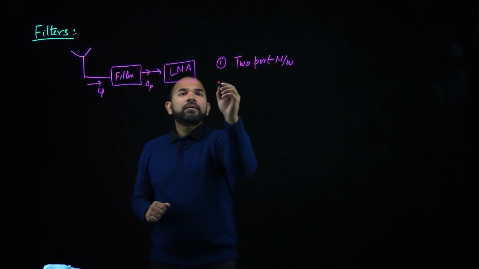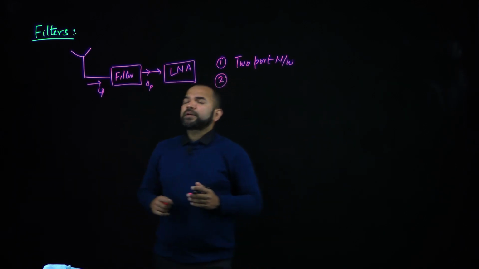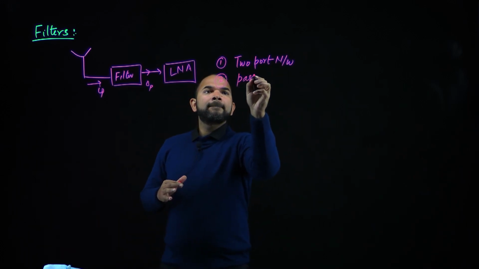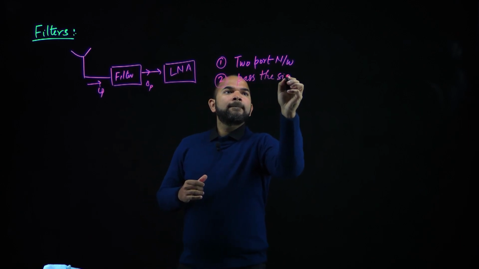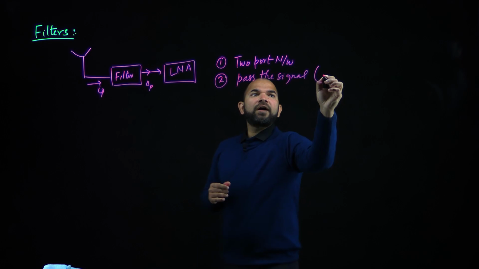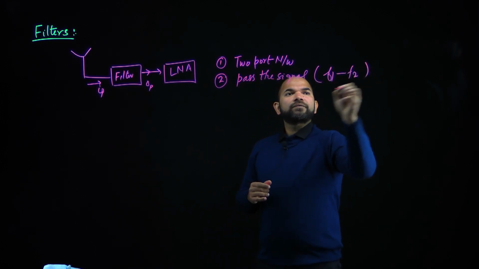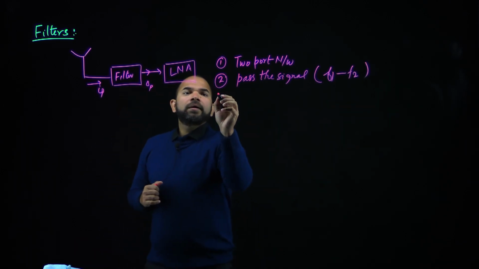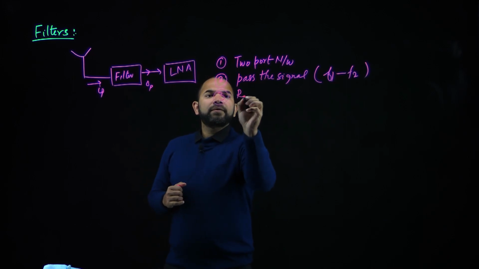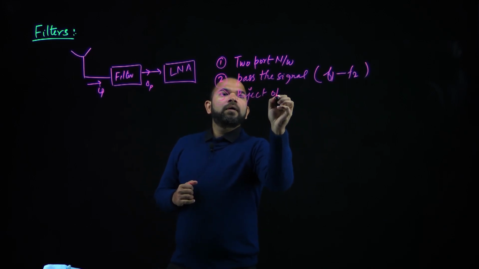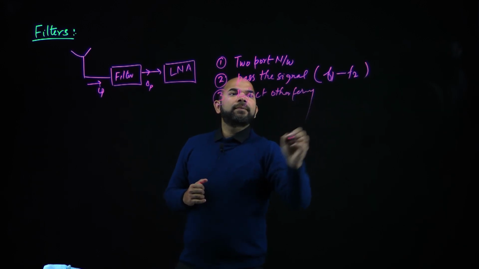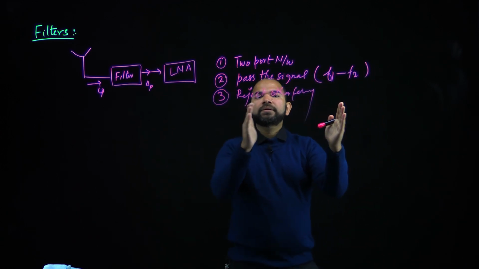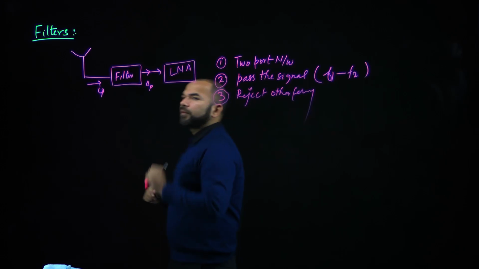The second thing we have recently discussed: the job of the filter is to pass the signal in a desired frequency range, say from one frequency F1 to F2. The third characteristic is to reject other frequency signals. So we want something to pass and we want something to reject with this type of device in an electrical network.